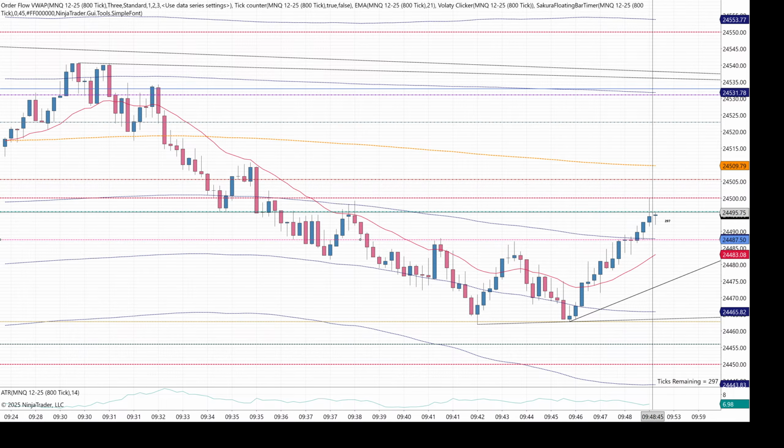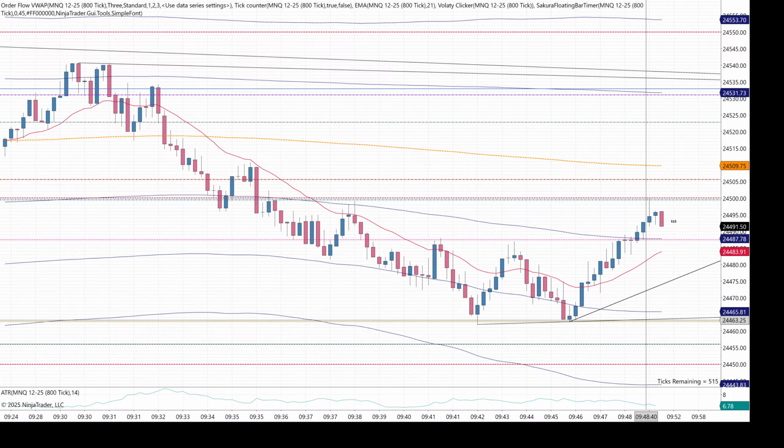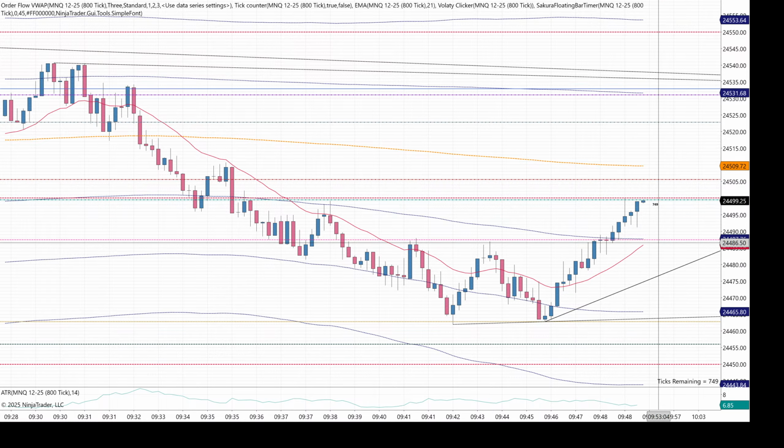Okay, now we're bumping up against the 5-minute 8 EMA, which is actually around 499.75. Okay.